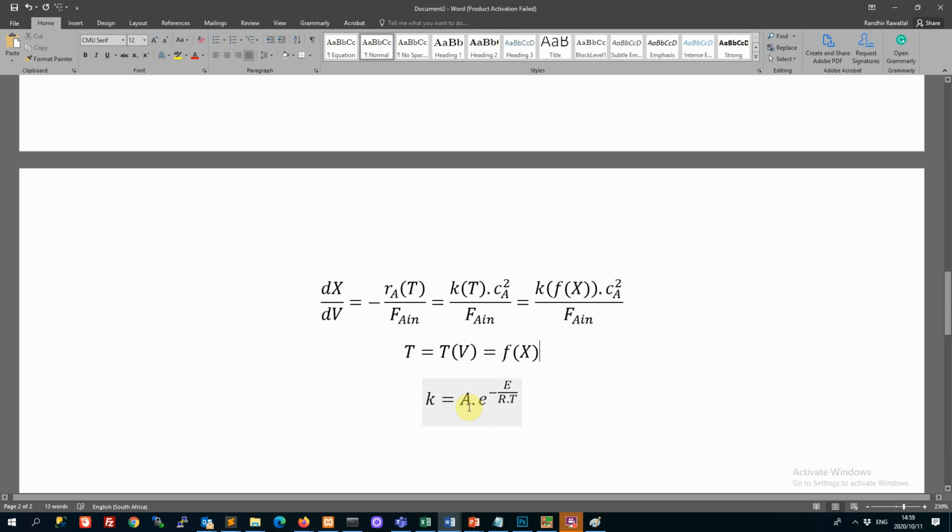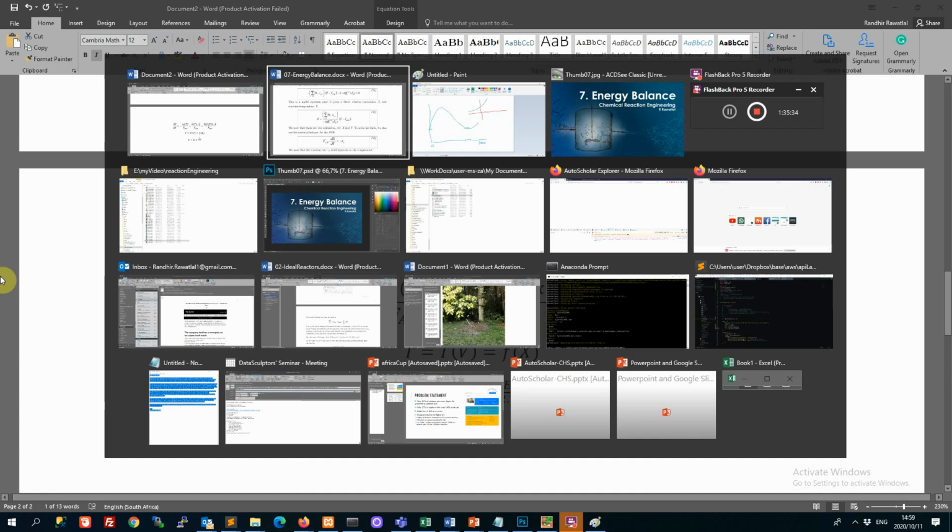So we still have to use this function, right? This k here, when I say it's k of f of x, it's this k of T equals this thing. So you have to stick in here the f of x value from here. So anyway, you can use the adiabat in that case, right?